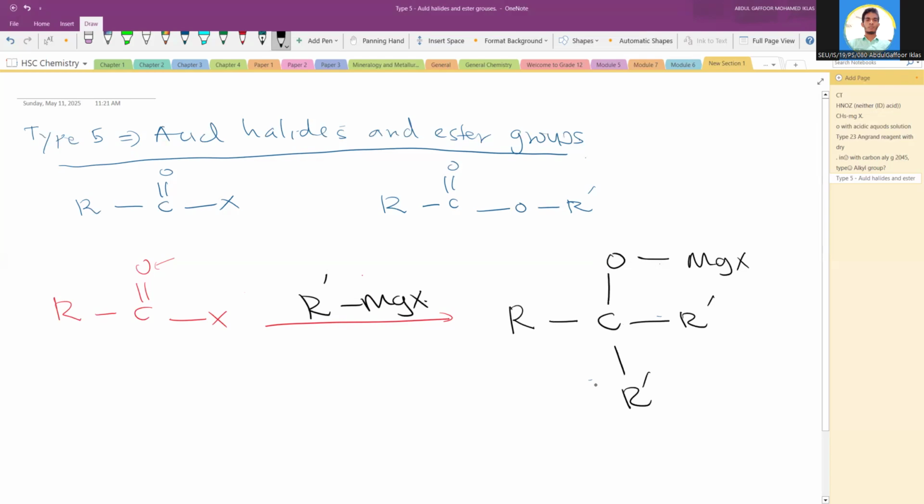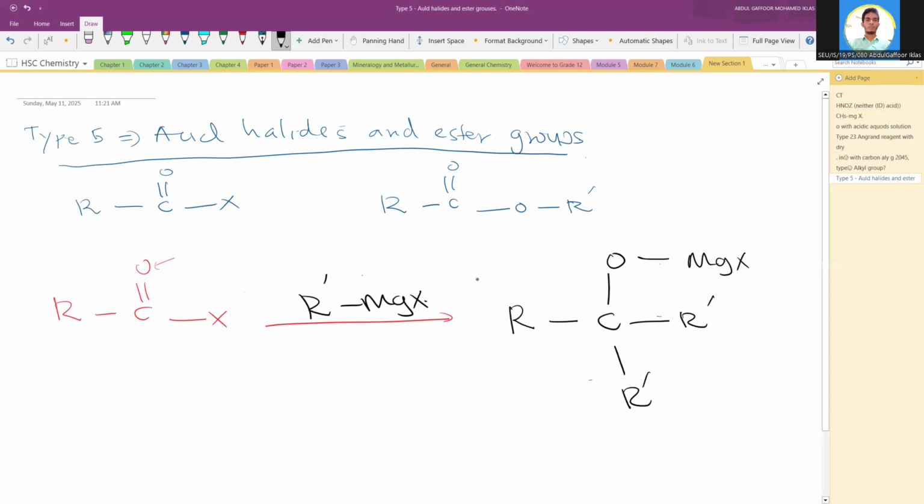From the Grignard reagent, the alkyl group will be added to the acid halide in 2 positions. With the carbon in the acid halide, the R group will come and join twice, right? But in the earlier case, only one R will come and join. Is that clear?